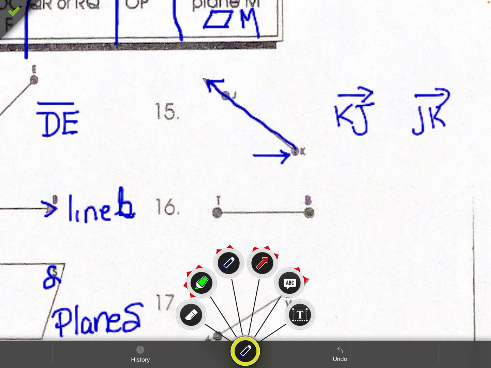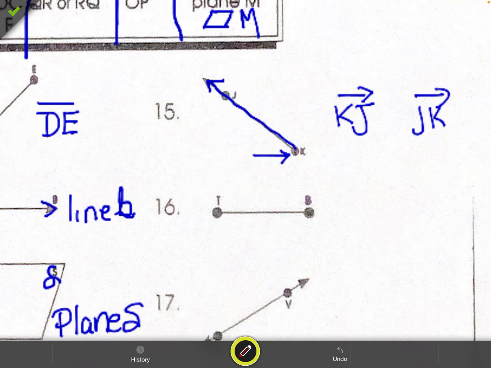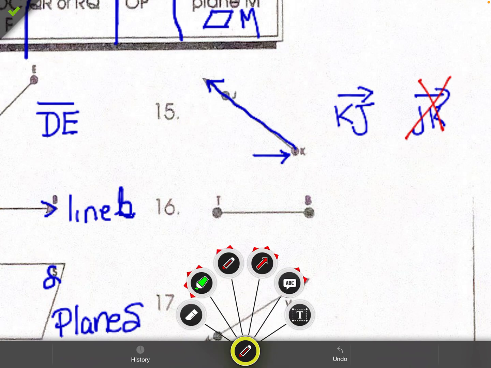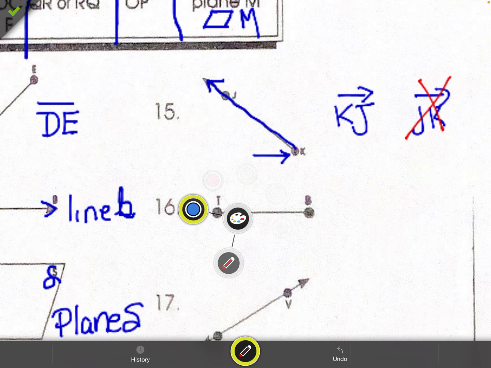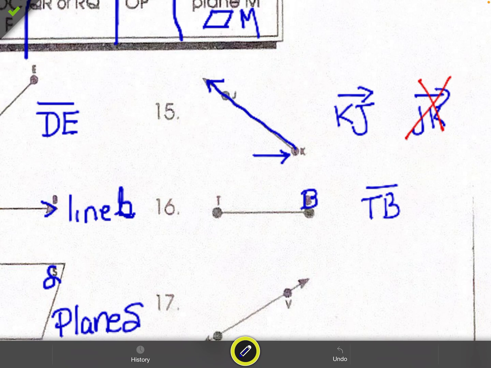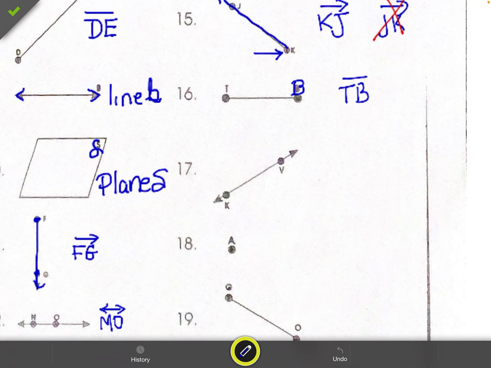If you call it JK, that would be incorrect, because it's not starting off at J. Number 16, it starts, it stops, segment T, and I believe that's a B, looks like a blob. 17, again, pay attention to the arrows, indicates it's a line. Have to use a symbol if you're using 2 points on the line, so line KV or VK.